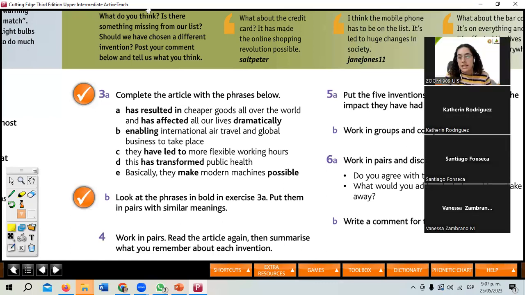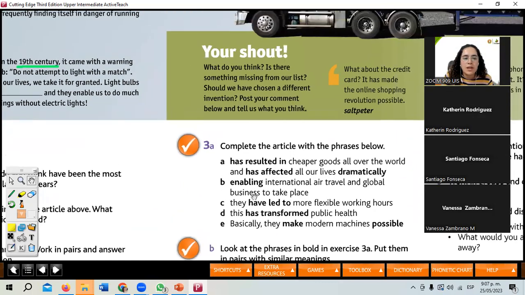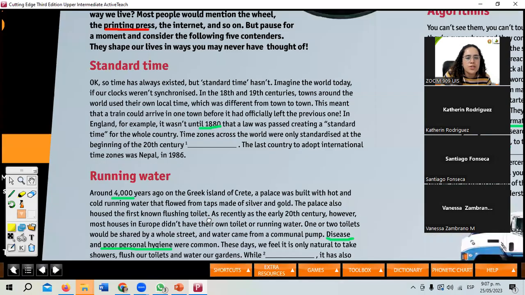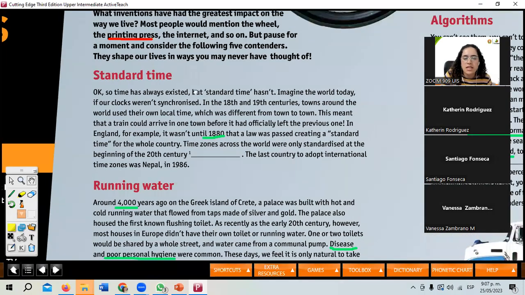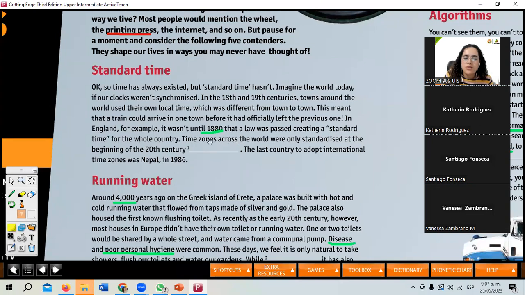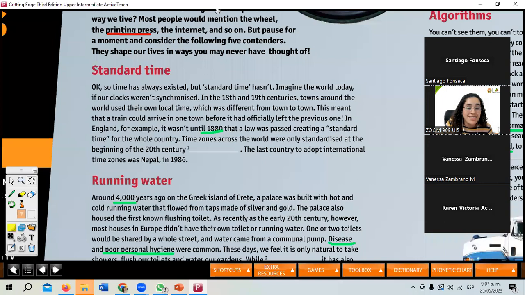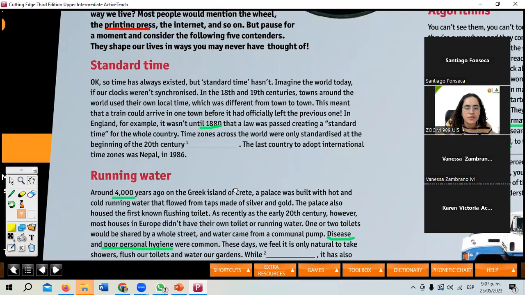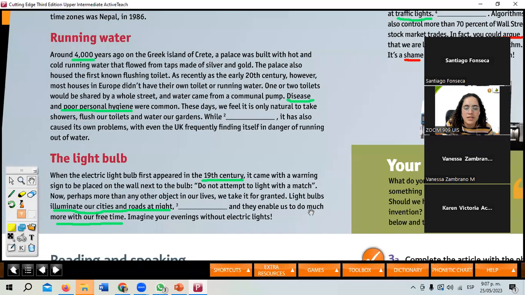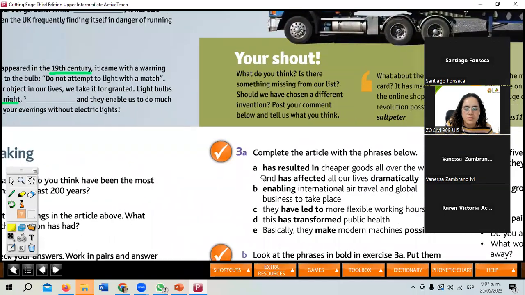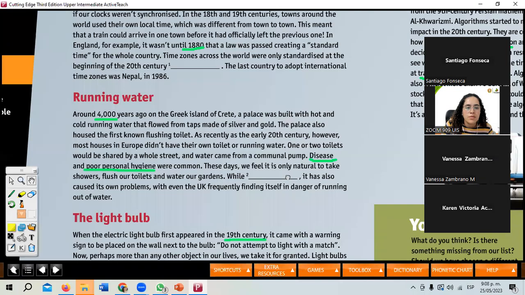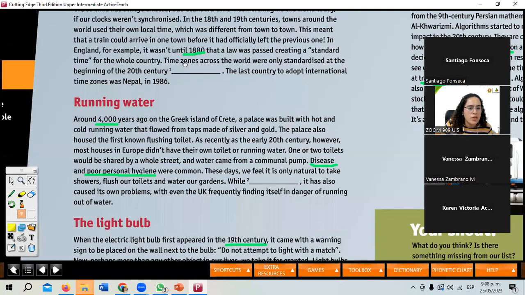All right, guys, let's check. So let's take a look. In the first part of the text, time zones across the world were only standardized at the beginning of the 20th century. Yes, Santiago, which one did you use? The letter C. Okay, read it, please. They have led to more flexible working hours. Yes, they have led to... let's see.